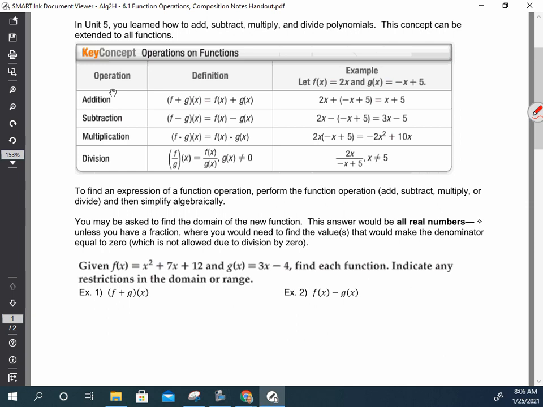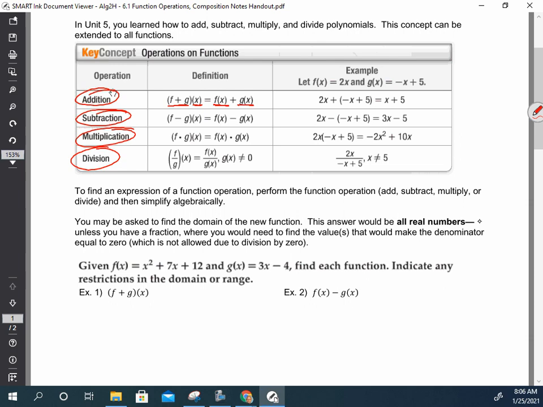So function operations, you have adding, subtracting, multiplying, dividing. Those shouldn't be anything that's all that brand new. Now the main thing that might be different is notation. So f plus g parentheses x, that just means add the f function and the g function together.